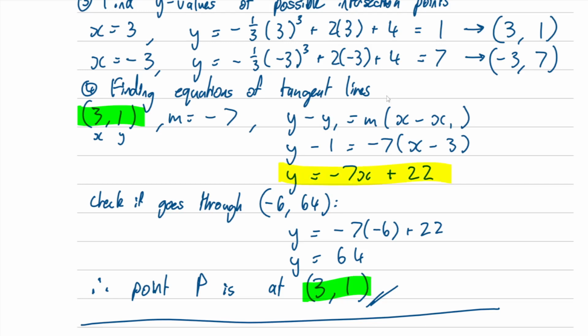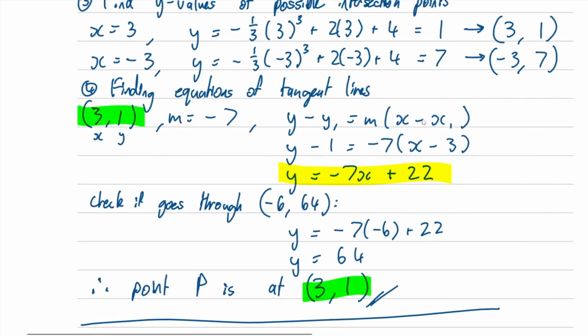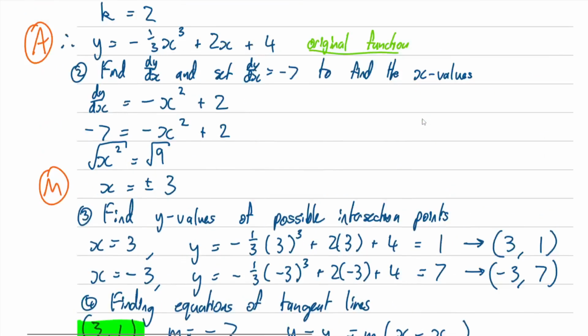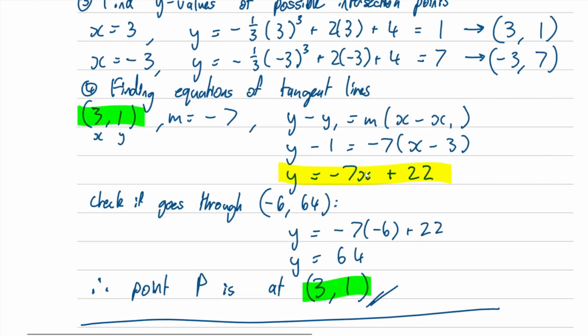Right, so we found one equation there, and we also found one down here. Now, with those equations, we had to check that the point (-6, 64) was on those lines. So to do so, we substituted in -6 for x, and in the first equation, y did equal 64, which means that point P must have been (3, 1).